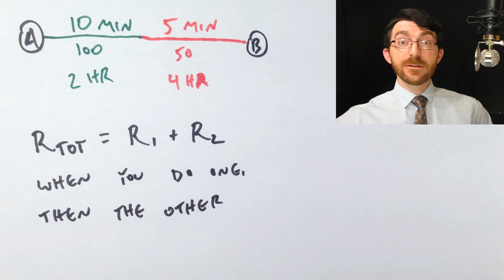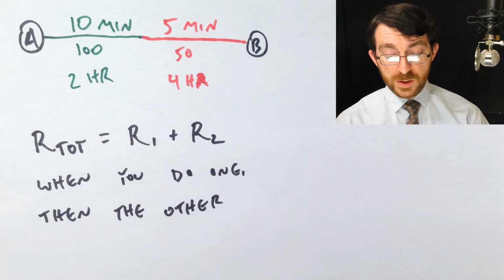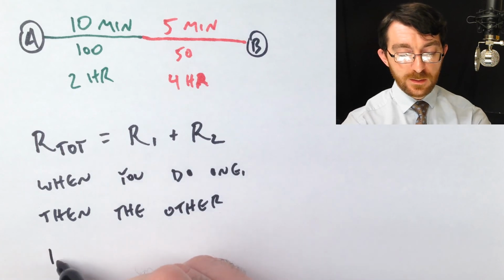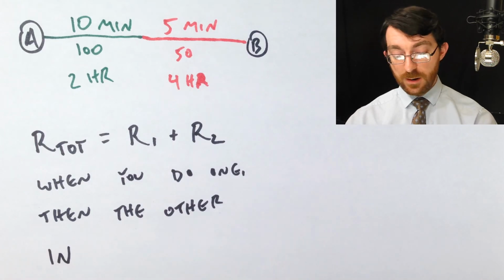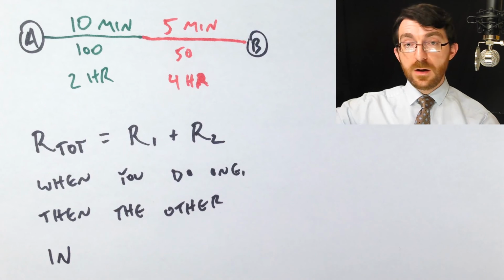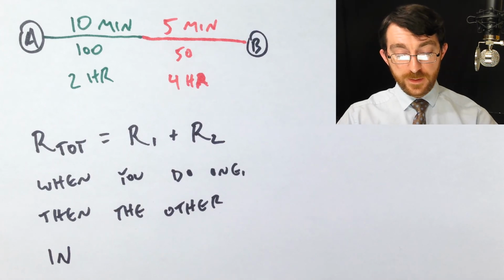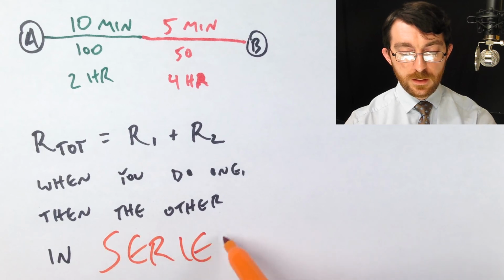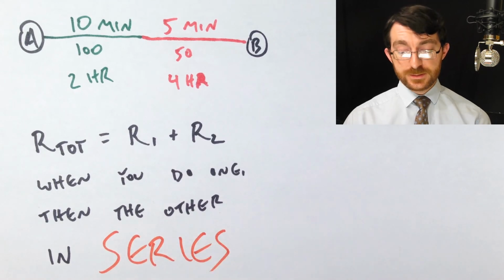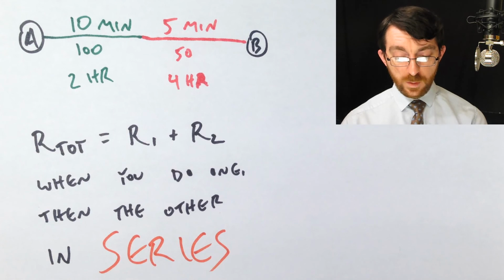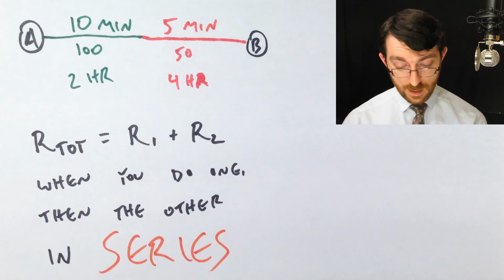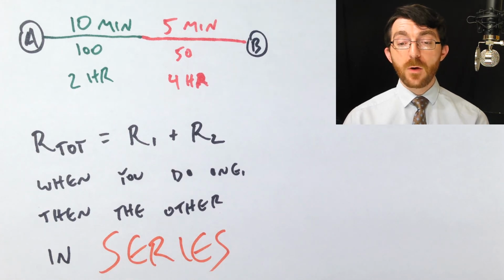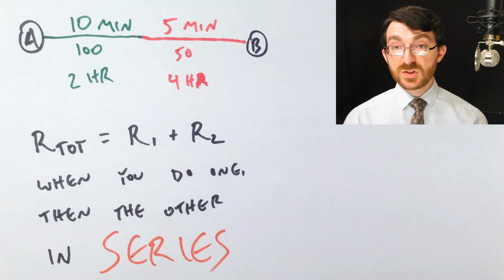When there is a series of something, it means it's one after the other. So when you do one and then the other, it's called in... Here, I did the other one fancy in another color, so I'm going to write this one fancy and big too. It's in series.